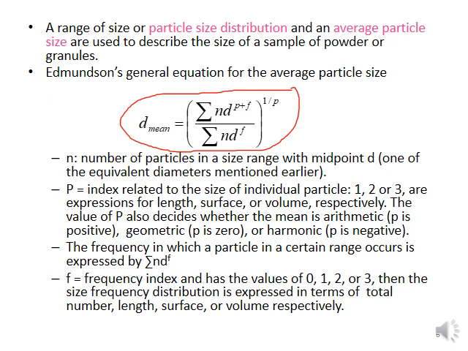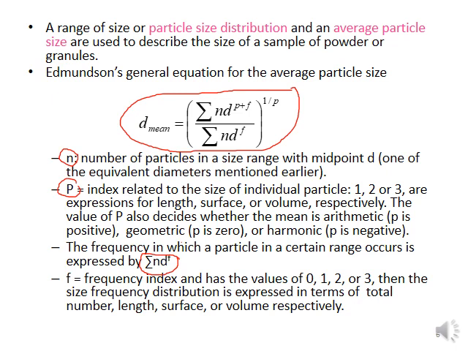N is the number of particles in a size range. P is an index related to the size and the type of mean that is being used. Summation of nd to the power f is the frequency in which a particle in a certain range occurs.